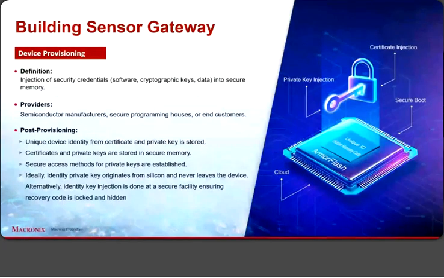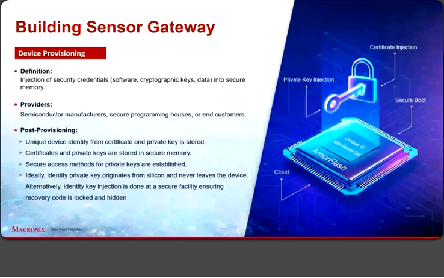Once that initial provisioning happens, post-provisioning, you have unique device identities from certificates and private keys that need to be stored. You have all these certificates, which I mentioned before, and in addition you may have certificates from a central authority for the device when it's being onboarded. These certificates and private keys are stored in secure memory.